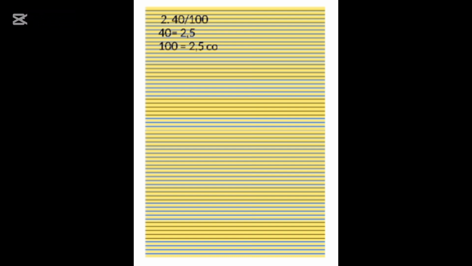The common factor is equal to 2 times 5, which is equal to 10. So we divide by 10. That's 40 divided by 10 all over 100 divided by 10, which is equal to 4 over 10.